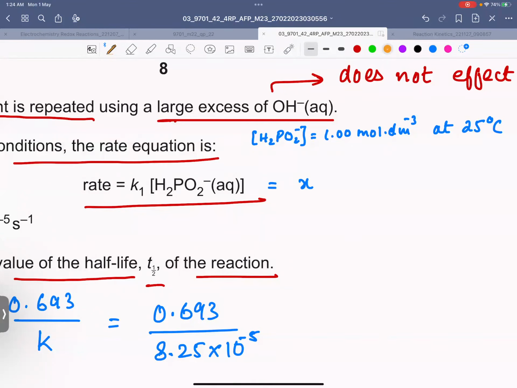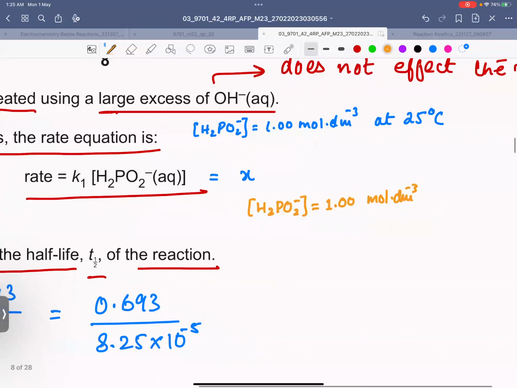Okay. But now I have this reactant again, and I am taking the same concentration, 1 mole per dm cube. But now instead of 25 degrees Celsius, I am doing the reaction at 50 degrees Celsius.